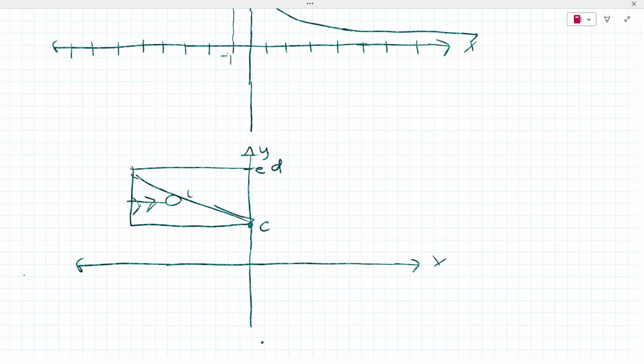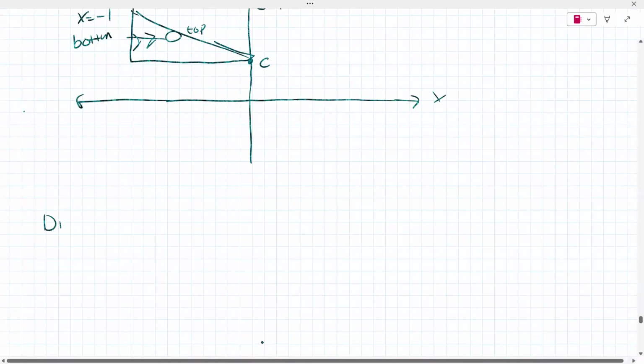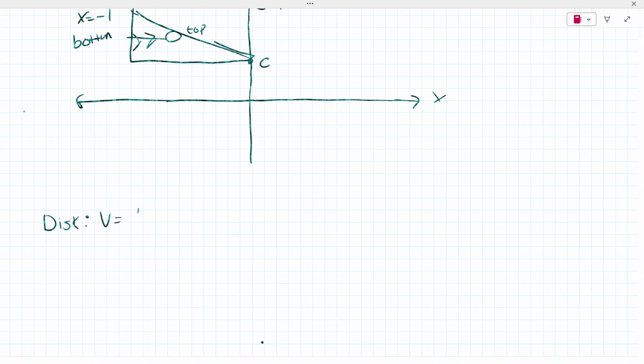So your head, this is the top, and then this x equals -1 is now the bottom. So we're going to do the disk from C to D, from top minus bottom squared dy.